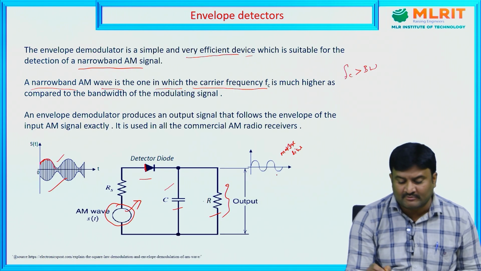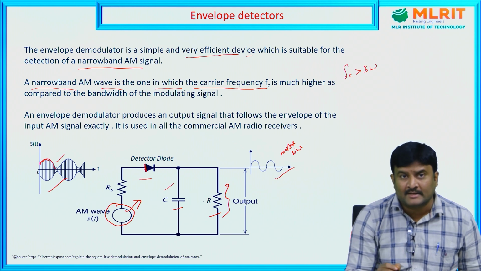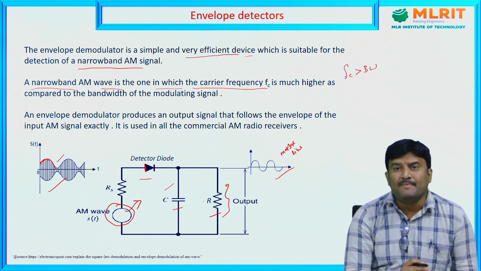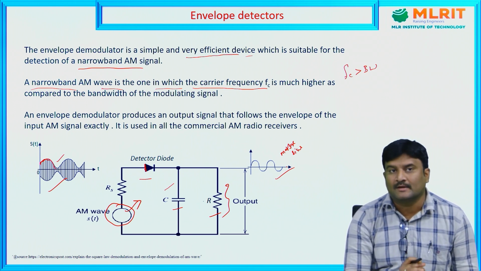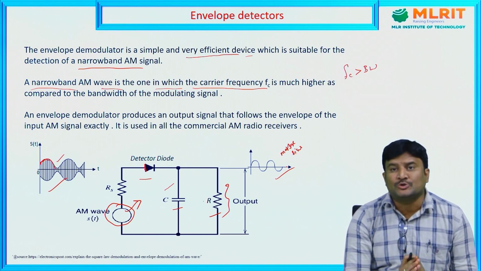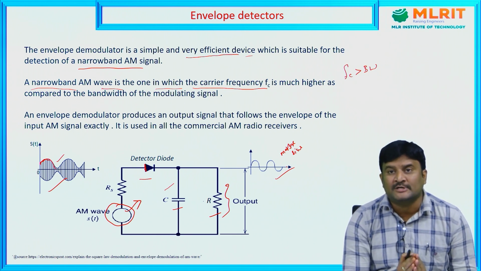Likewise, we apply the amplitude modulated signal to the diode detector, followed by a capacitor with a load resistor, and the output should be a message signal. That means with the help of AM demodulators, the output should be the modulating signal. The input to the demodulators should be the modulated signal, that is the output of the AM modulation process.